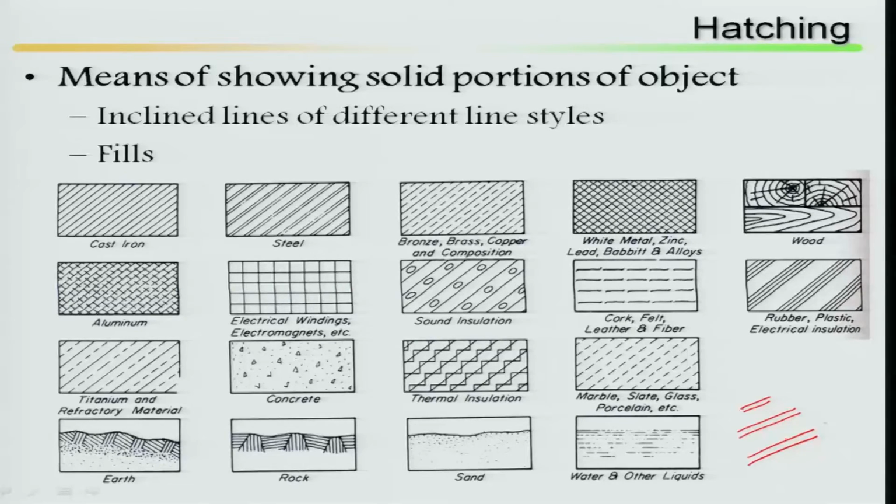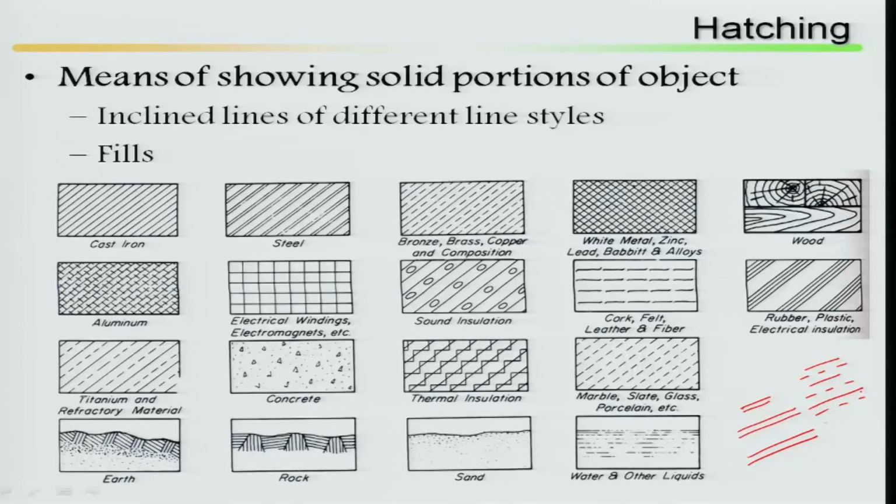Bronze, brass, copper and compositions, how does it look? It looks like one solid line, then a parallel dotted line, then a solid line, then a parallel dotted line, and so on. White metal, zinc, lead, alloys, how does it look? Wood, how does it look?